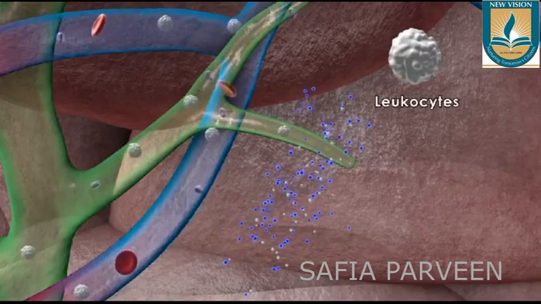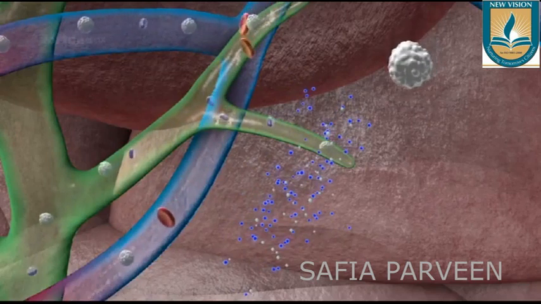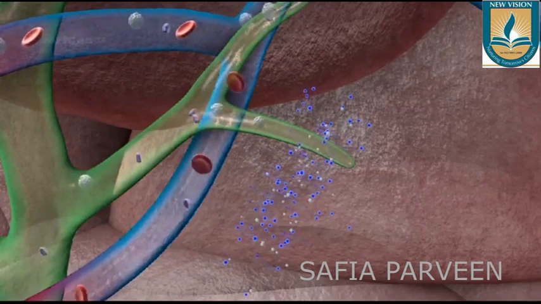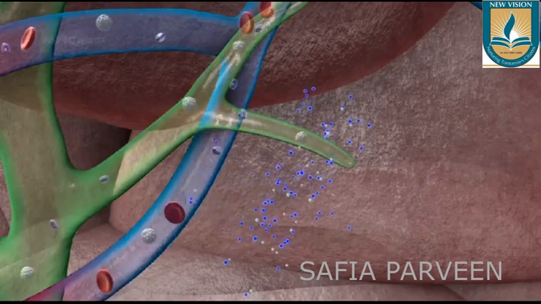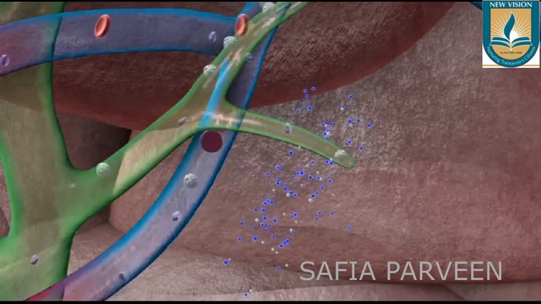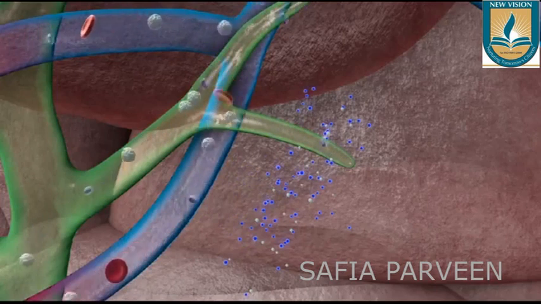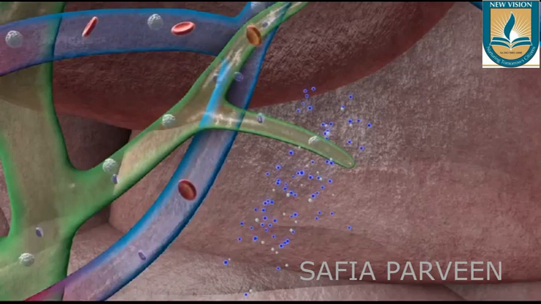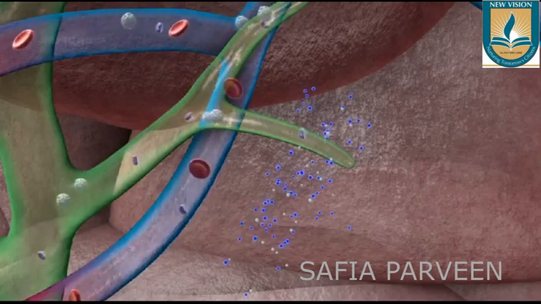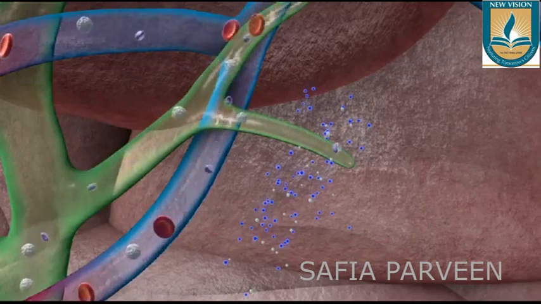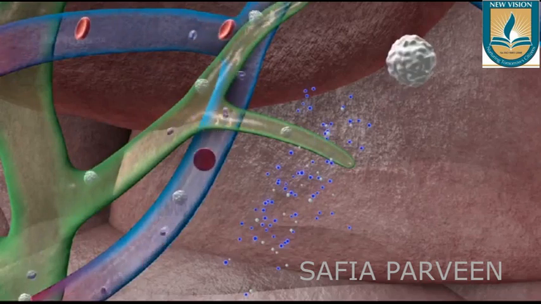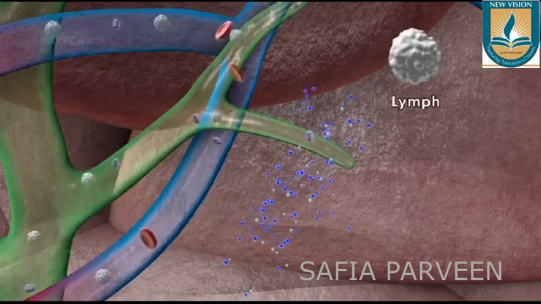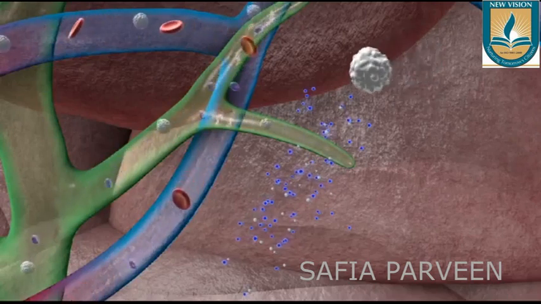And the tissue absorbs all the nutrients and returns whatever remaining fluid is present in between the tissue back into the blood vessel, leaving some amount of this fluid in between the tissues in the interstitial spaces of the tissue. And this liquid that remains back is called lymph. It consists of white blood cells, platelets, but red blood cells are absent.